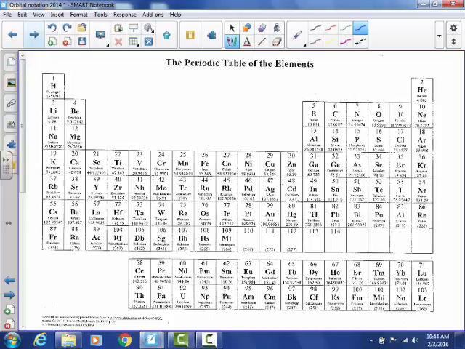Let's pick another element. Okay? Let's go with germanium. Okay? So we're going to do germanium. Always start at the beginning. Okay? So 1s2. That takes care of those 2. 2s2. That takes care of those 2.